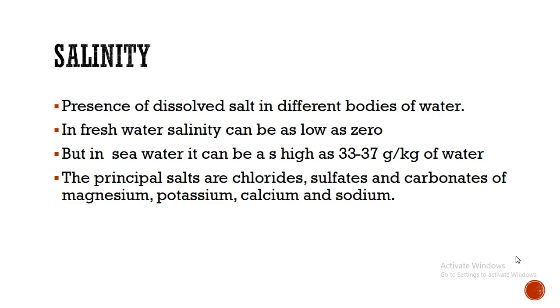A distinctive characteristic of seawater or the marine environment is that it has a very high salt content. The concentration of dissolved salt varies between 33 and 37 grams per kg of water. The major mineral constituents of seawater are chlorides, sulfates, and carbonates of sodium, potassium, calcium, and magnesium.